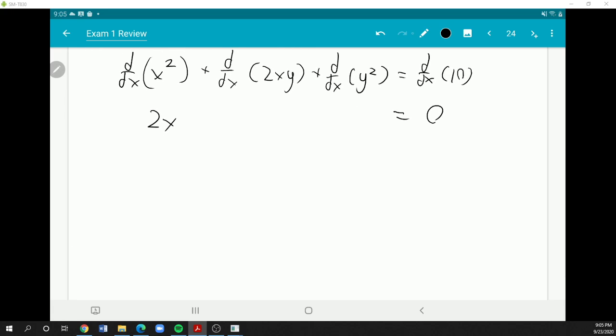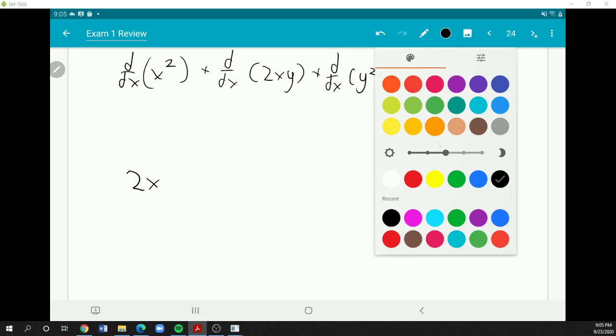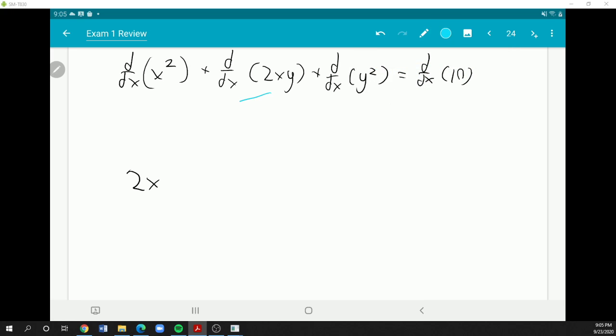And now I'm going to need some room. So the thing on the left becomes 2x. Here, I need to use product rule. So I can pull out that 2 because it's a constant. And now I have the derivative of x times y.